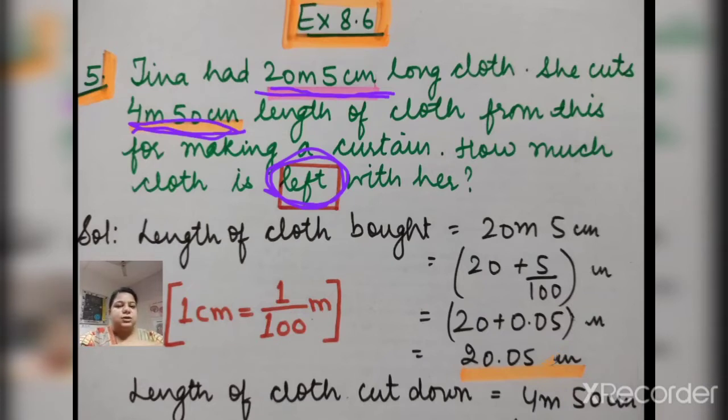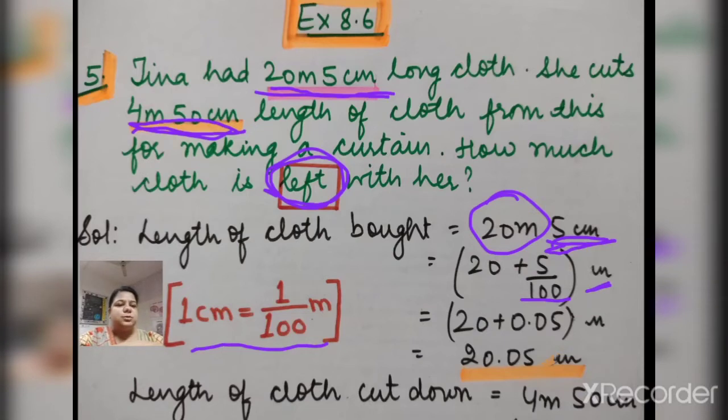As we have done in the conversion also, you know 1 centimeter is the 100th part of a meter. So 20 is already in meters, right? To convert 5 centimeter into meters, we will divide it by 100, and make sure when you have divided it by 100 it will become meters now.